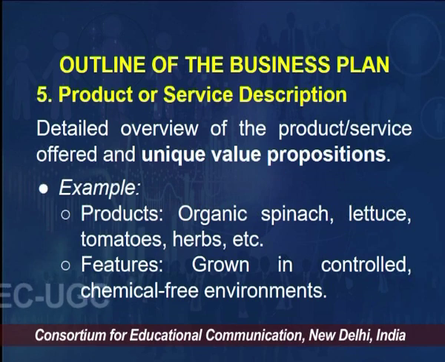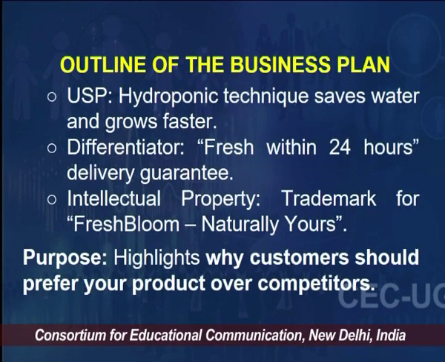The fifth is your product or service description, the detailed overview of the product or service offered and the unique value propositions. For example, the products are organic spinach, lettuce, tomatoes, herbs, etc. The feature is that they are grown in a controlled, chemical free environment, and the USP, the special feature, is the hydroponic technique which saves water and also grows faster.